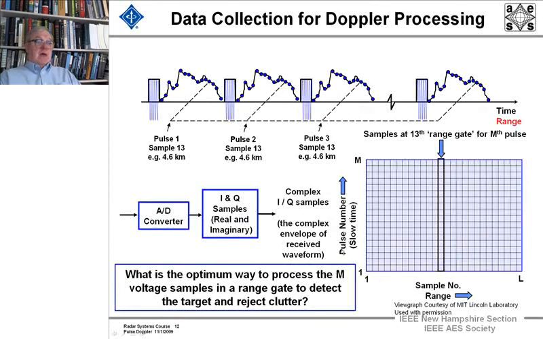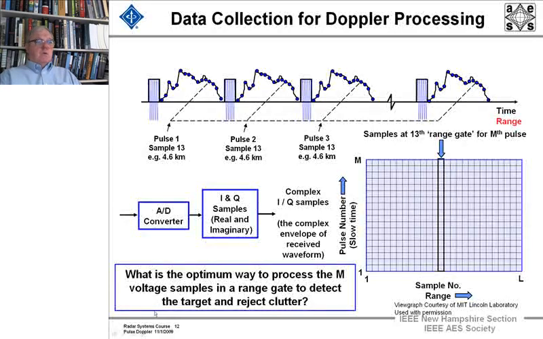You remember that the pulse number goes this way in the matrix, and the sample number, that is range, goes this way, where this dimension is M, the number of pulses in your coherent processing interval, and this is the range, the number of range samples. In the airport surveillance radar, there are about 1,000 range cells, 1/16 of a mile each over 60 miles. And they're going to have a set of 10 and then another set of 10 pulses.